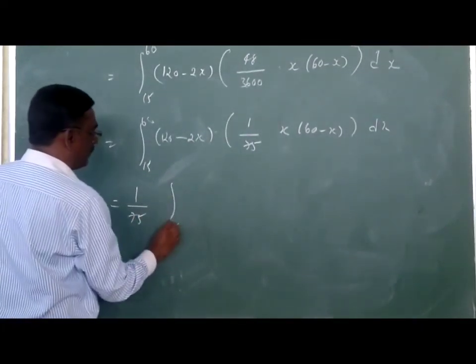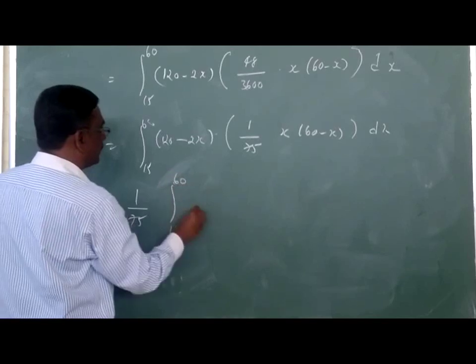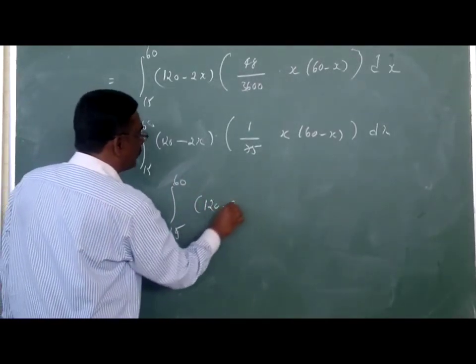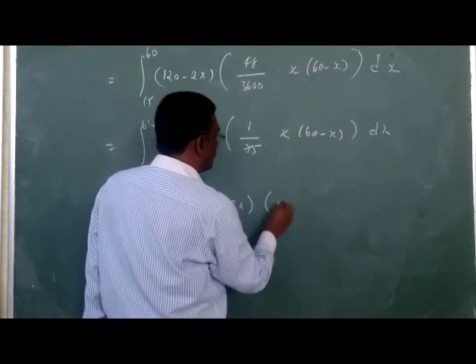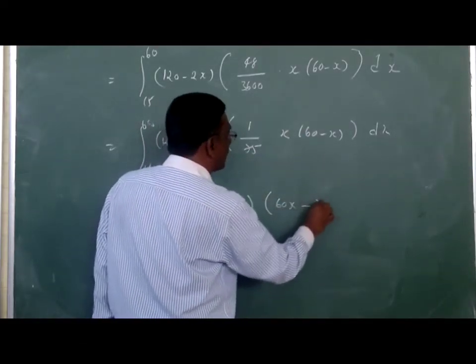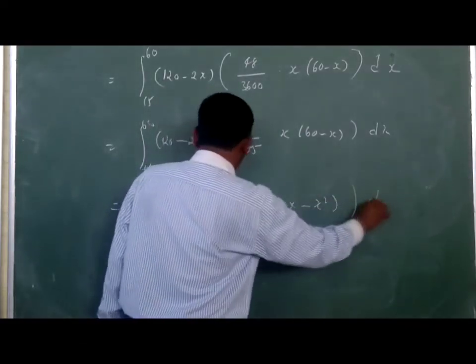This will be integral 15 to 60, 120 minus 2x, and multiplying this inside, 60x minus x square, dx.